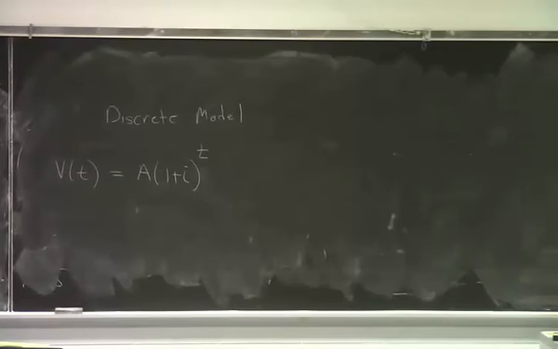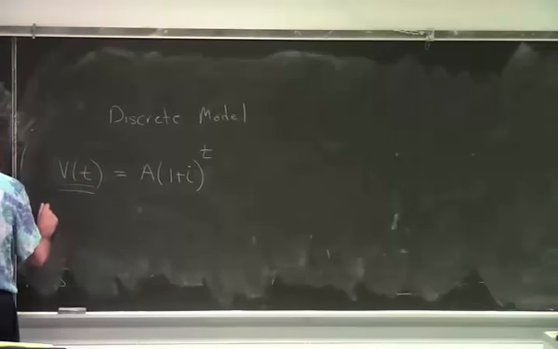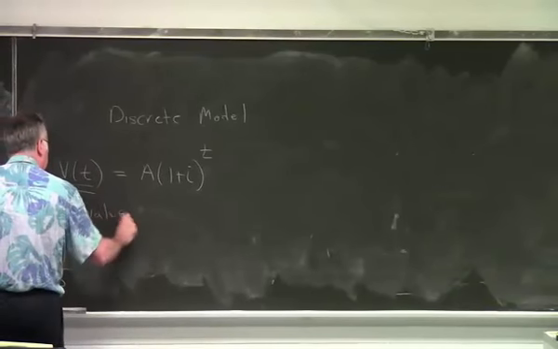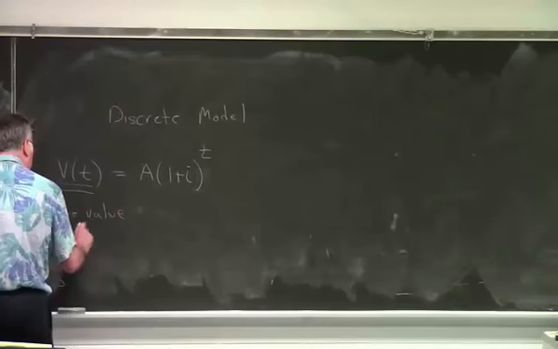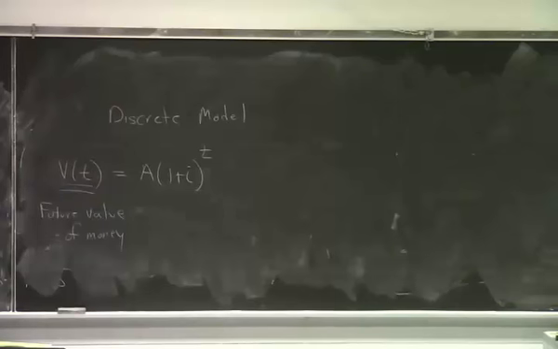This V really represents the future value of money, the value of money at some time t in the future.